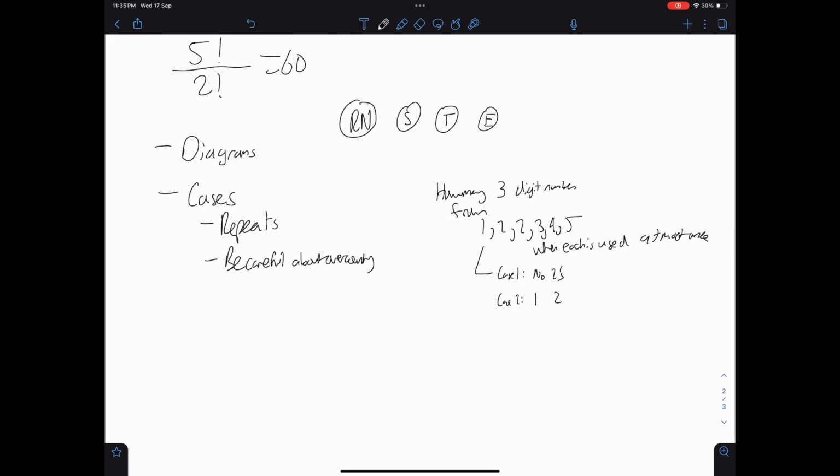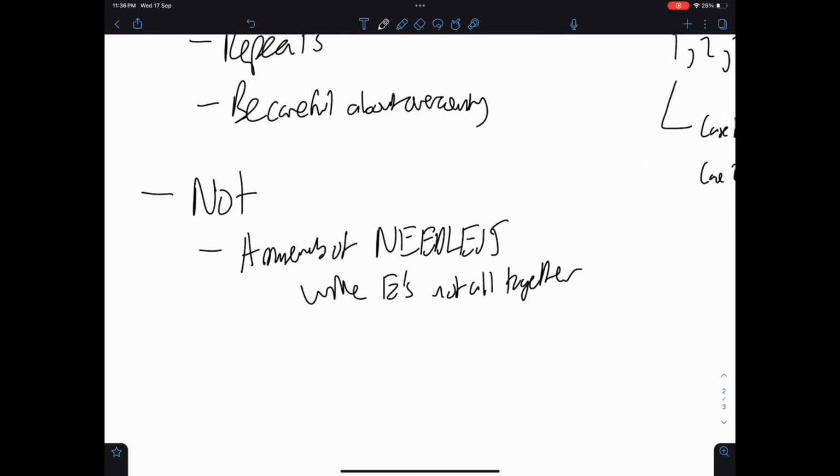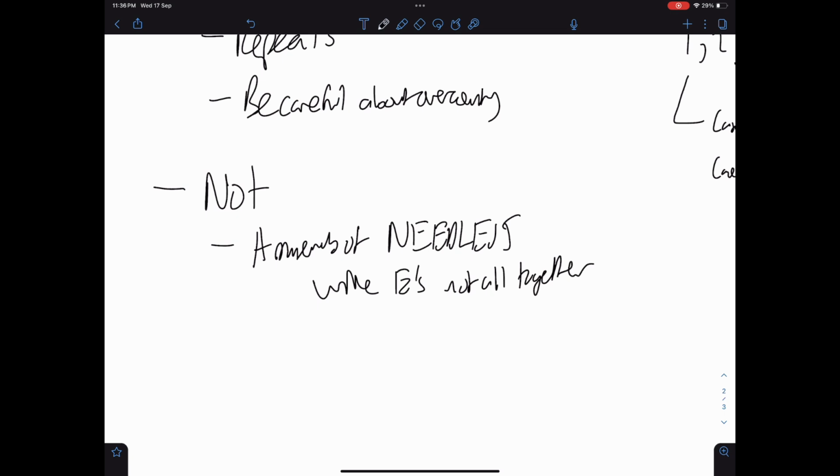And then things like words like not. So like if it said arrangements of needless with E's not all together, it would be hard to just do an exhaustive way of adding up all the different permutations of that, because remember, you could have all the E's separate, or you could have 2 of them together, and so on.